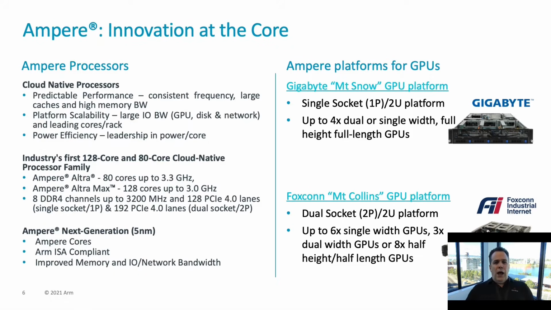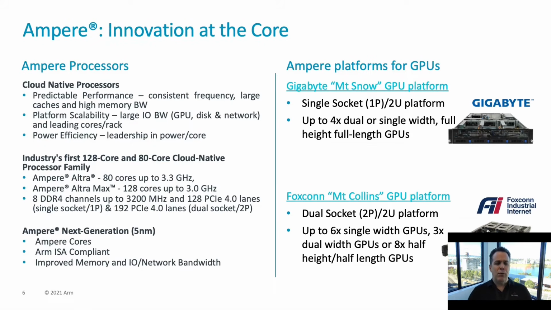I'll call out two platforms in particular that I wanted to talk about for Android in the cloud. The first one is the Gigabyte Mount Snow GPU platform. This is a single socket, one processor platform, designed to have up to 4 single width or dual width GPUs.